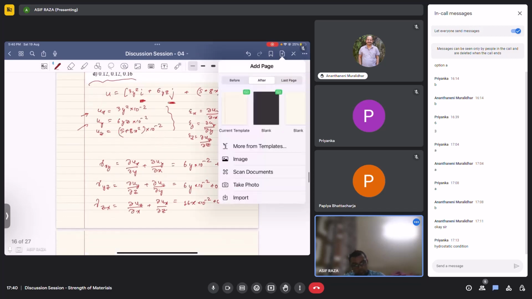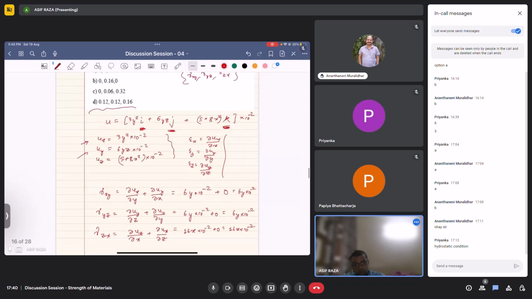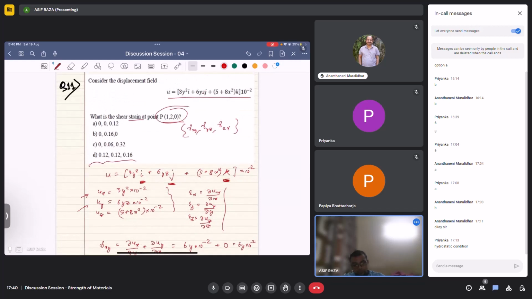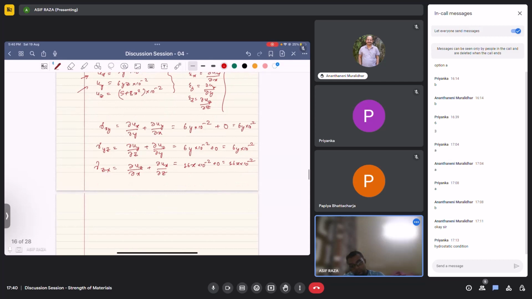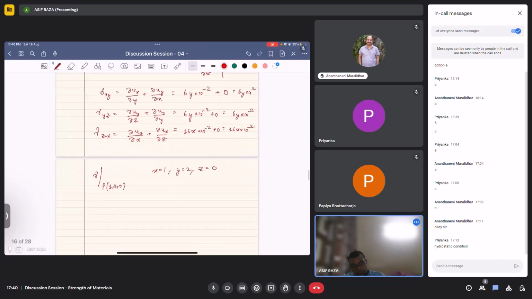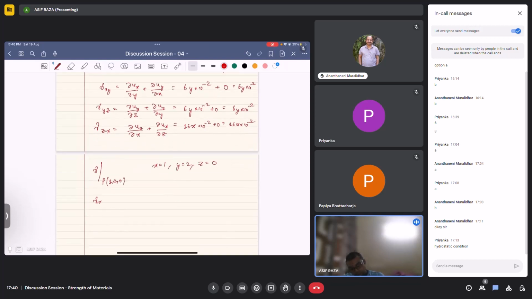Now we need to find all the strain values at this point P, that is 1, 2, 0. So x is equal to 1, y is equal to 2, z is equal to 0. Substitute this. So gamma xy at P is 6 into 2 into 10 power minus 2, that would be equal to 0.12.